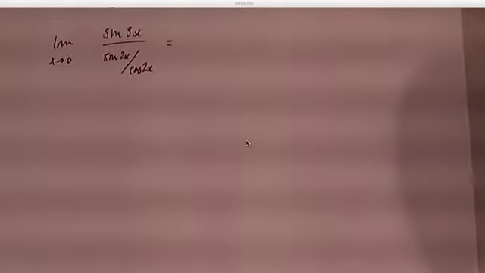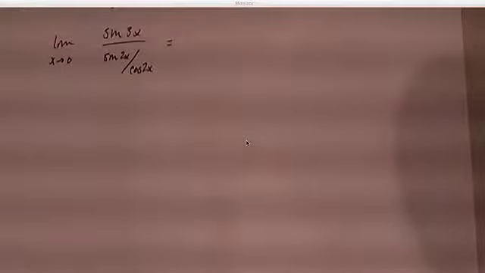So let's see how that helps us. Now, I'm assuming that your teacher has been over the limit laws, okay? One of the limit laws states that the limit of a product is equal to the product of the limits, right? And I'll show you how that works out here in just a second.